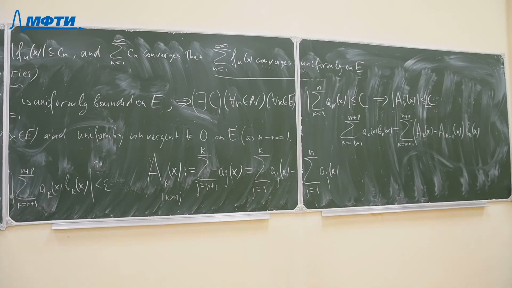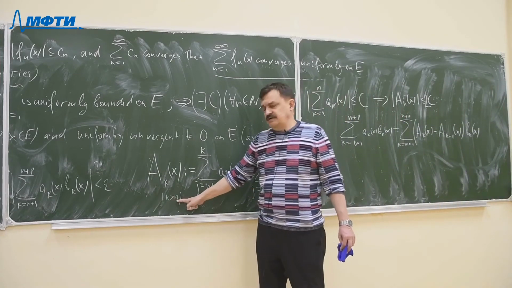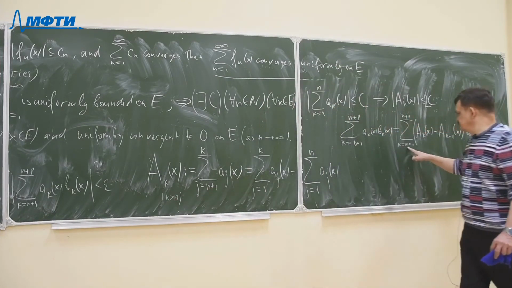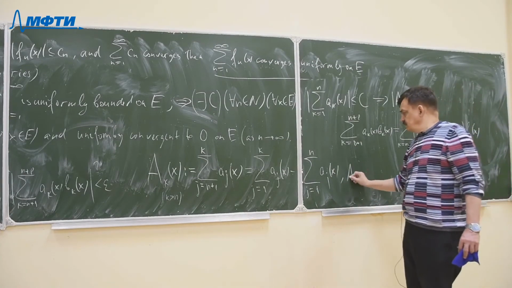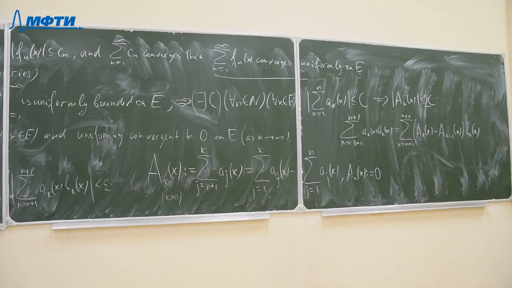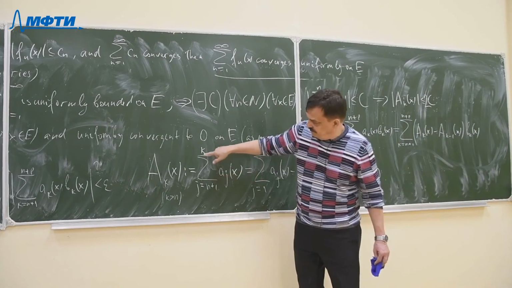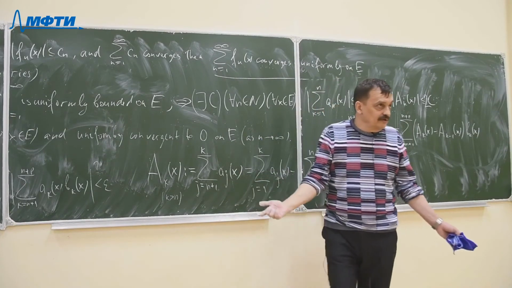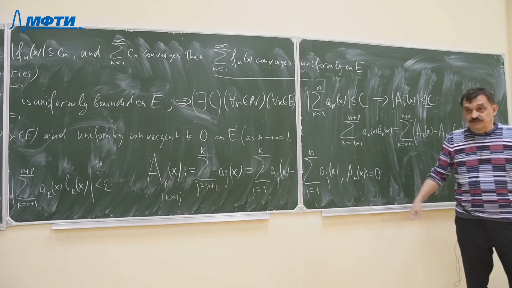Of course, here I supposed k greater than n, right? But if k equals n plus 1, then A_n appears. So A_n of x, let it be just 0. Because what does A_n mean? It starts from n plus 1 and finishes at n. Wrong, right? It means we don't sum up anything. We have 0, by definition.